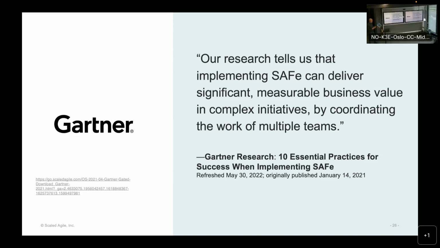If you really need to scale and you need to coordinate and you need teams to gravitate towards common goals, business goals, and be able to actually maneuver in that space, SAFe could be a good candidate to look at. It's a framework that you can grow or you can live with for a long time. And of course, as any other method or framework, it needs to be tailored. So you probably won't use everything that is in the big picture, but it's a place to start and to get inspired.